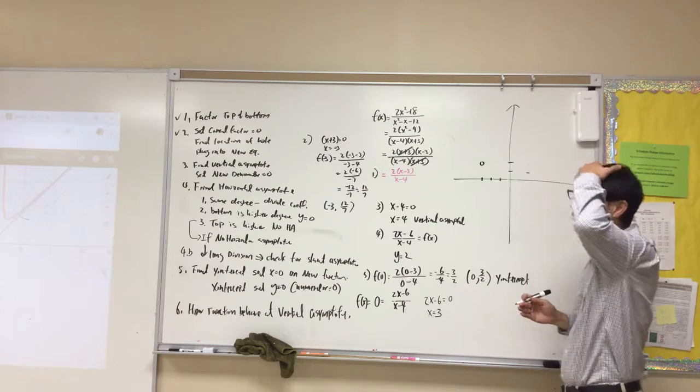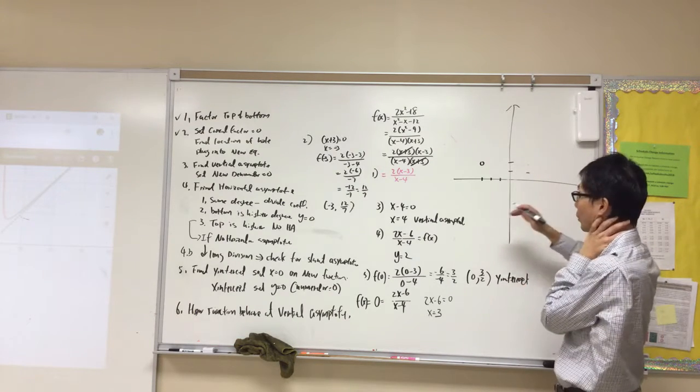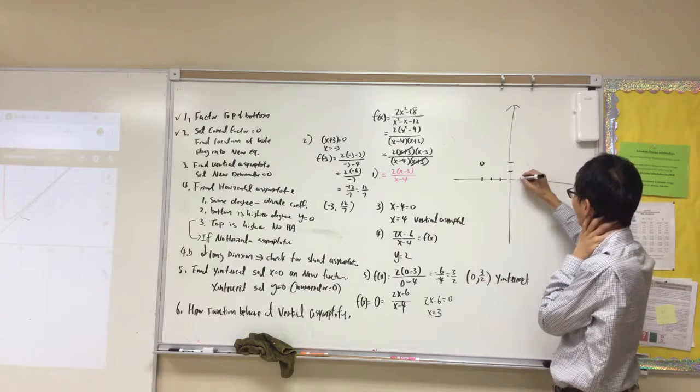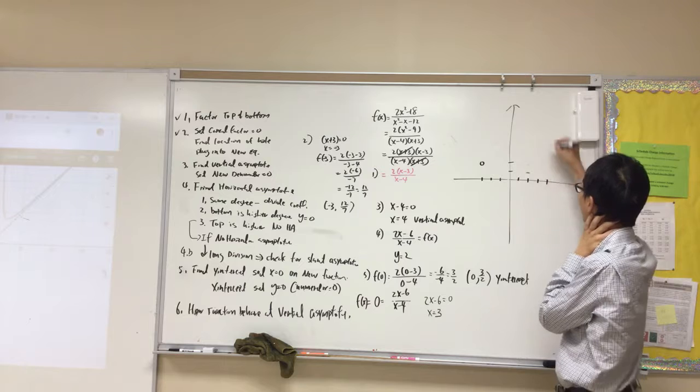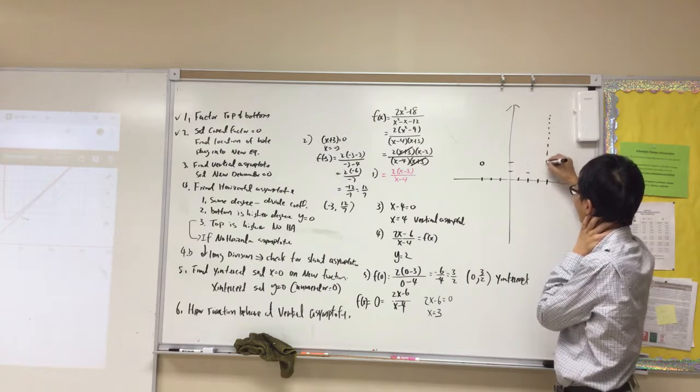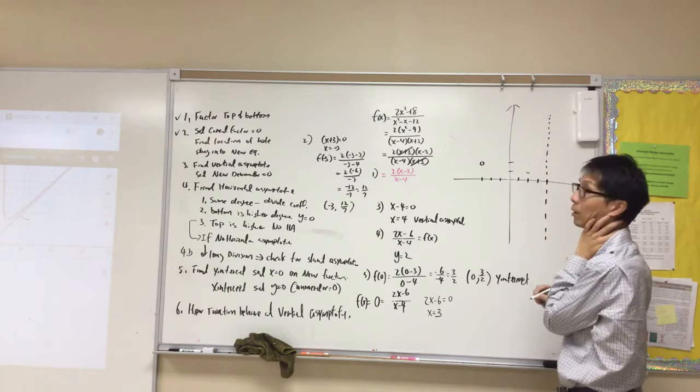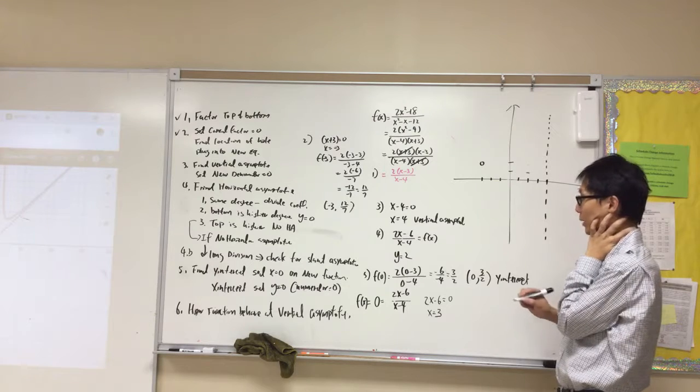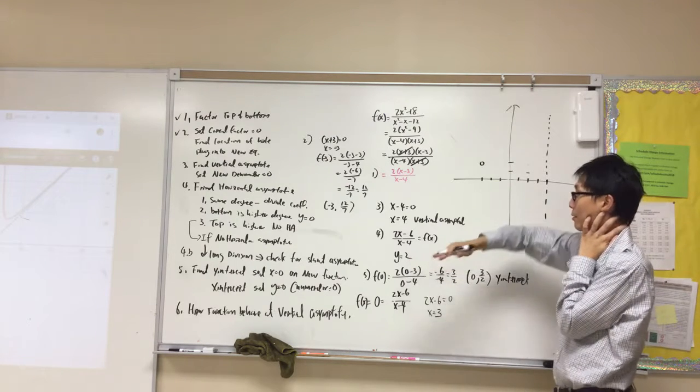Are we okay here? And we're going to plot the vertical asymptote at 4. What else? The horizontal asymptote is 2.